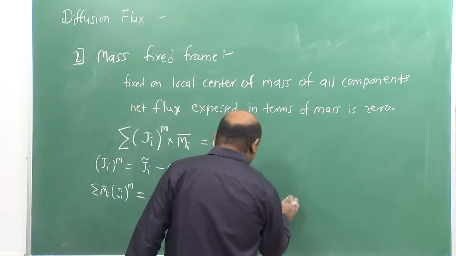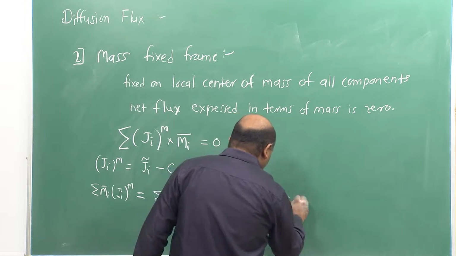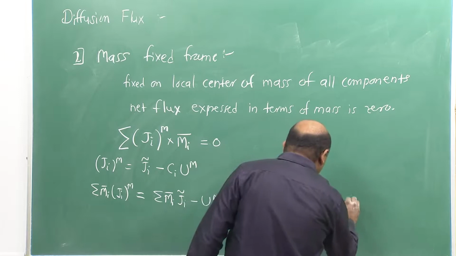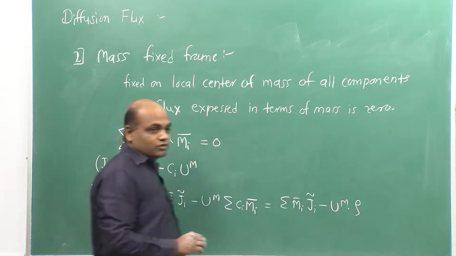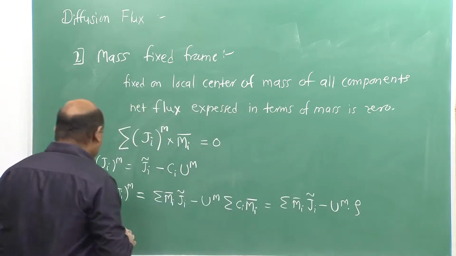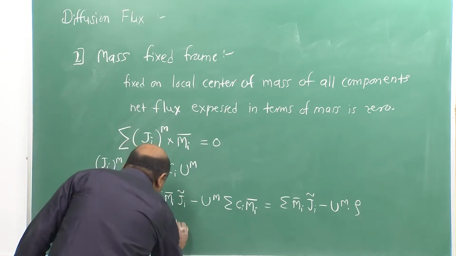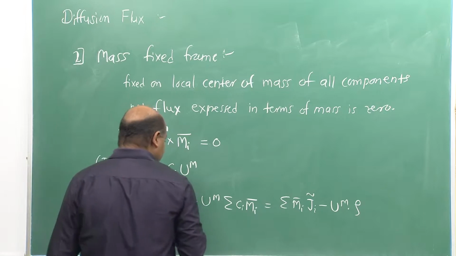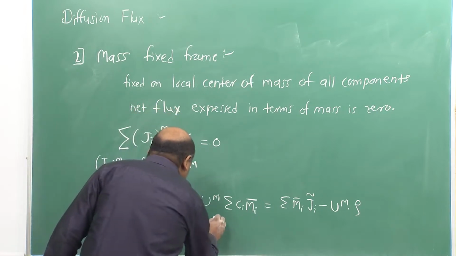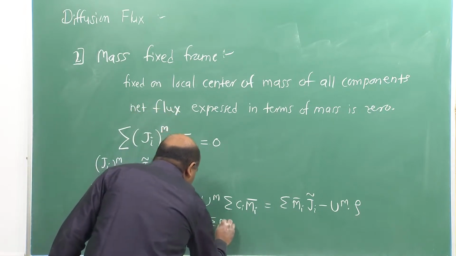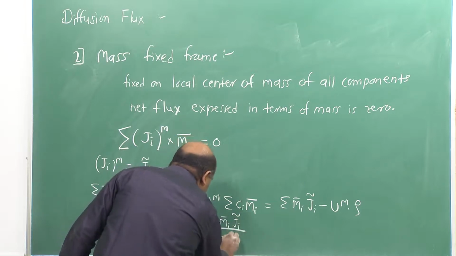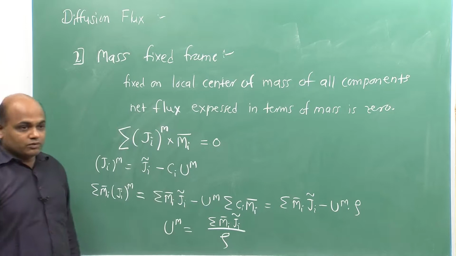So, this should be sigma m I bar J I tilde minus U m times rho, rho is the density, and so the expression for U m will be sigma m I bar J I tilde divided by rho.